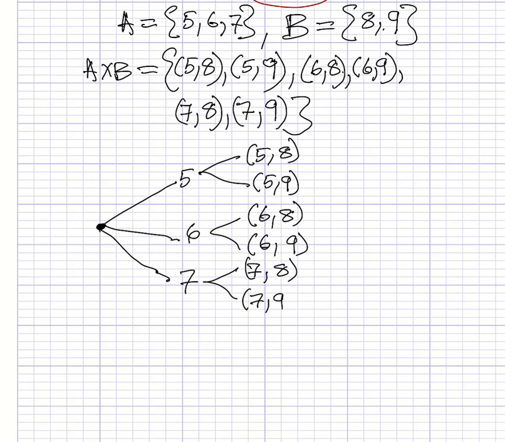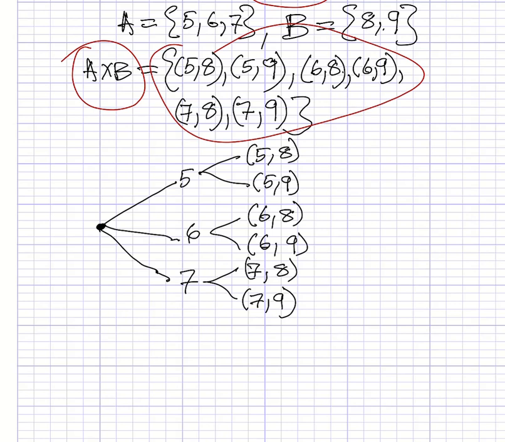See? Those are the same elements we found there. But I'm just showing you another way to do it. Another way to find the cross product, right? So once you pair it up, then you can bring down the elements like you did here. You see what I'm saying?